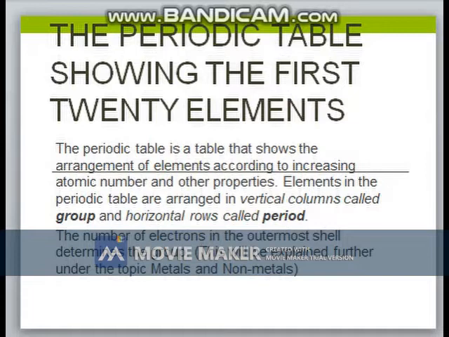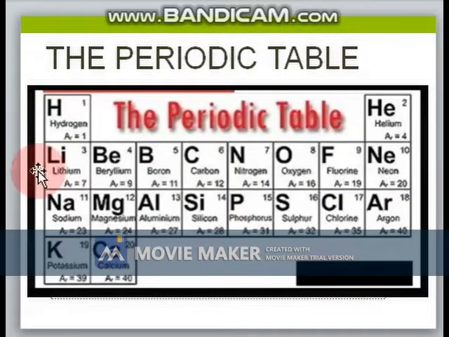Elements in the periodic table are arranged in vertical columns called group and horizontal rows called period. The number of electrons in the outermost shell determines the group in which an element will find itself. This will be explained further under the topic metals and non-metals. This is a picture of the first 20 elements under the periodic table.